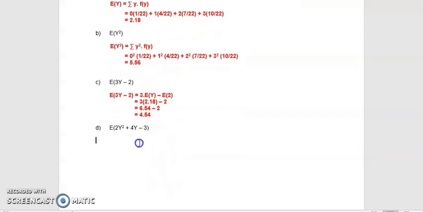Last one here, E[2Y squared plus 4Y minus 3].